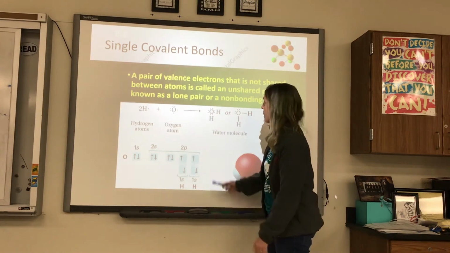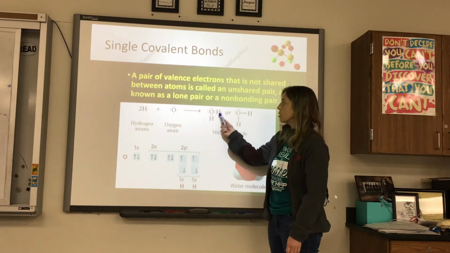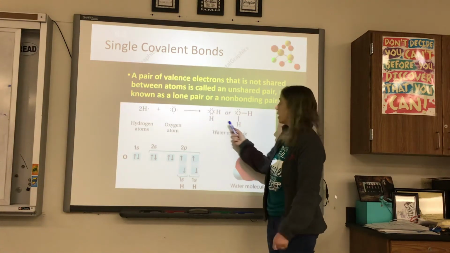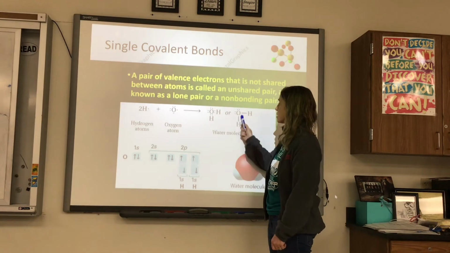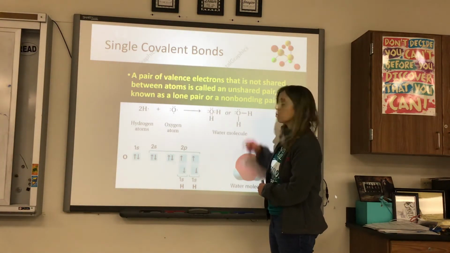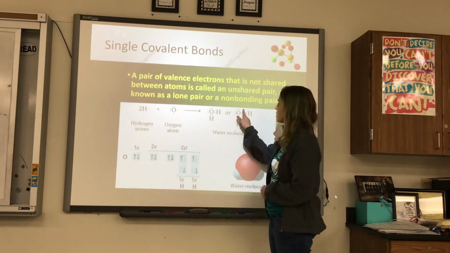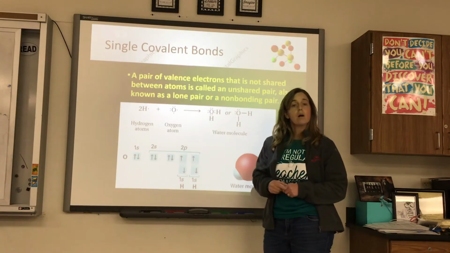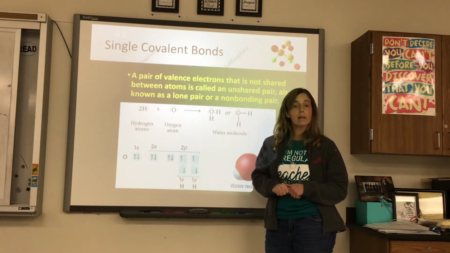So it's going to share an electron with each one of the hydrogens, giving it 2 so that it has 8, and each hydrogen is going to have 2 electrons. So you're going to have a single bond between oxygen and each hydrogen. The extra electrons sitting out here on the oxygen are called non-bonding pairs of electrons, or lone pairs of electrons.